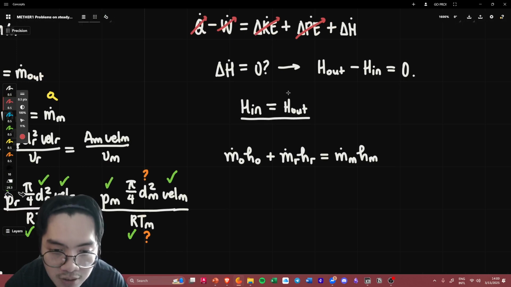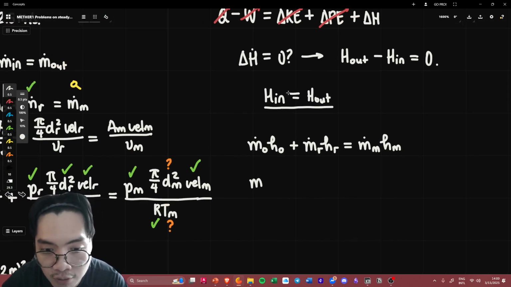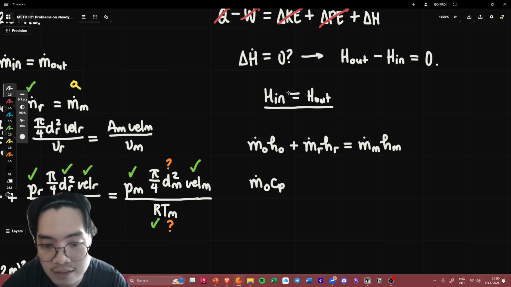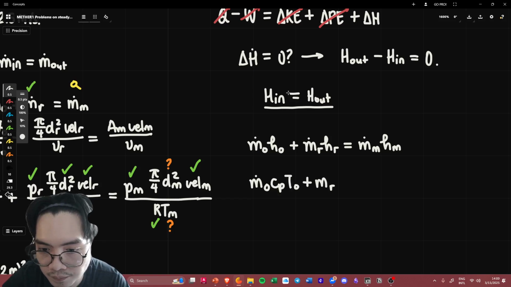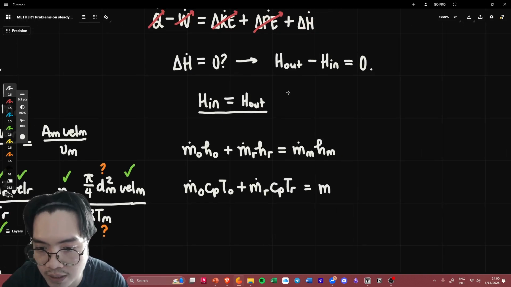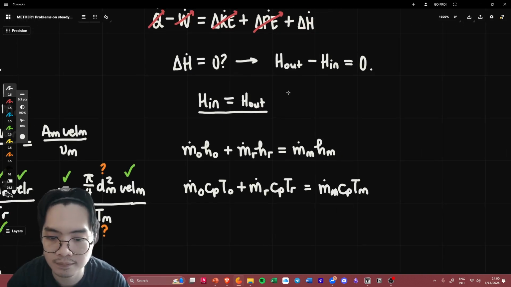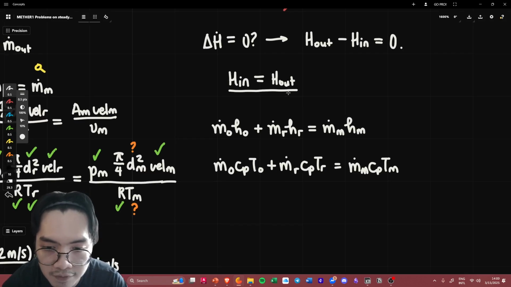All of the H's in here are going to turn into CpT, CpT, CpT. And now you look, all of the Cp's shown in here are just of air.